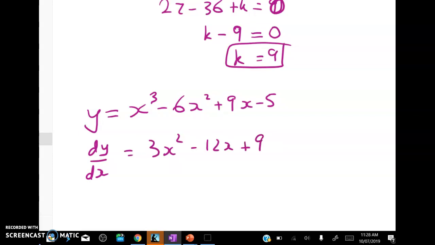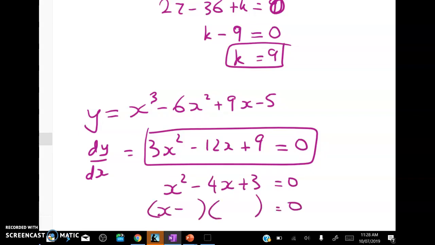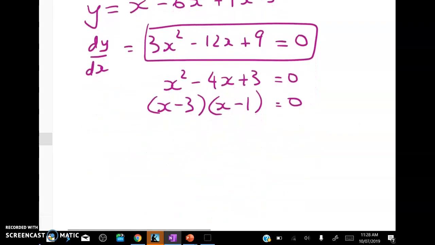Right, so we need to figure out when that is equal to 0. So we can divide everything through by 3, and we get x squared minus 4x plus 3 is 0, and we can factorise. We already know that x equals 3 is one turning point, so that's a clue for our factorisation.